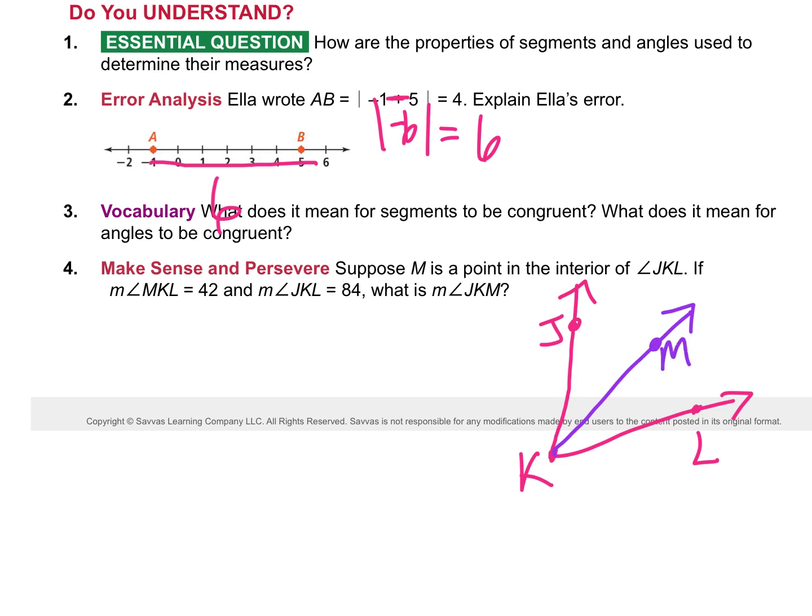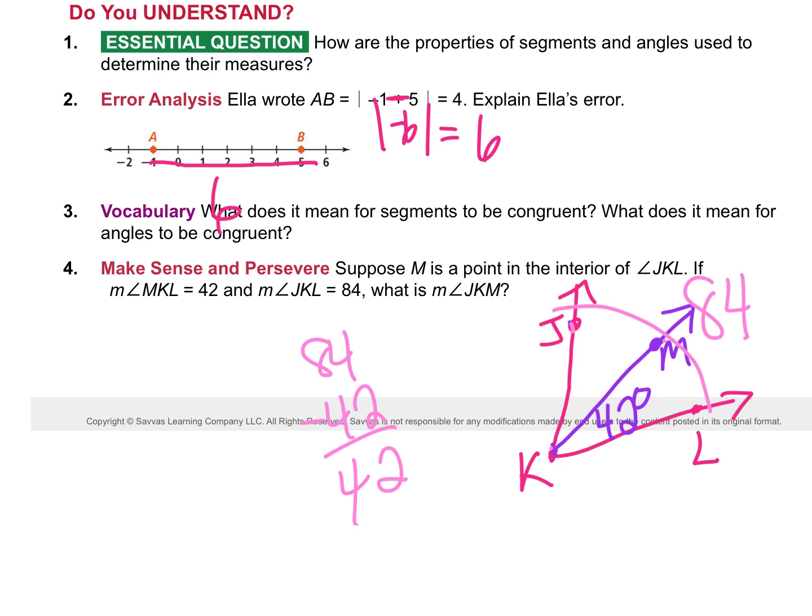If MKL is 42 degrees, and JKL, that's the whole thing, isn't it, is 84. What is JKM? Well, 84 minus 42 is 42. Now in this next section, we're going to learn then that this must be an angle bisector because it's cutting that angle in half, isn't it?